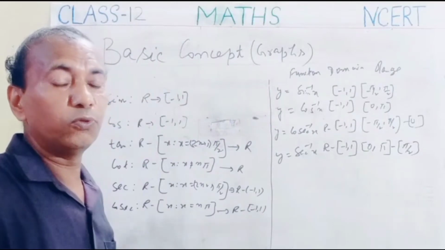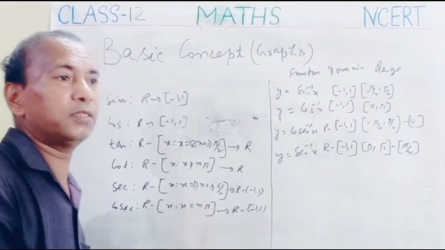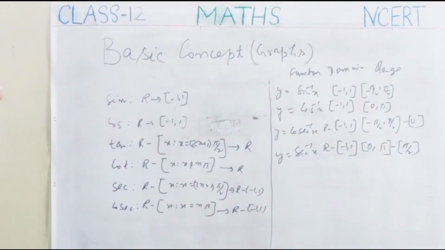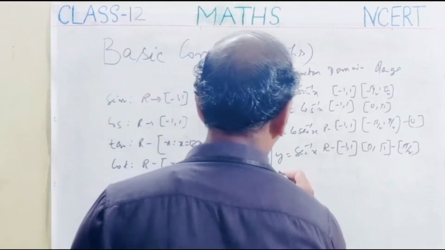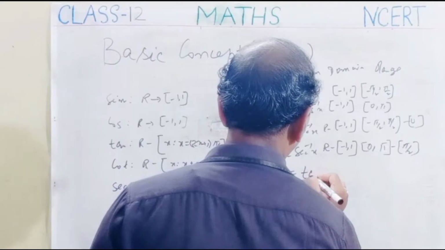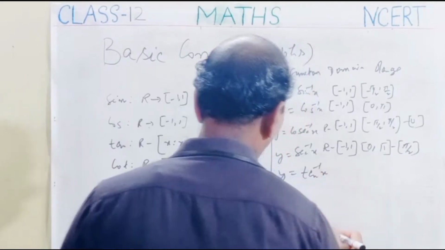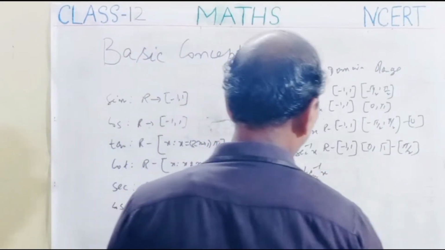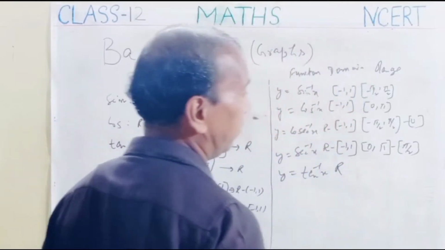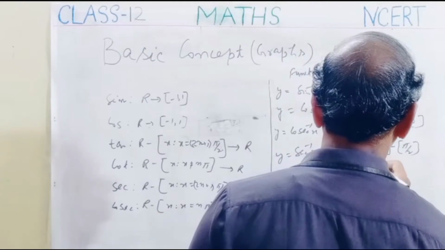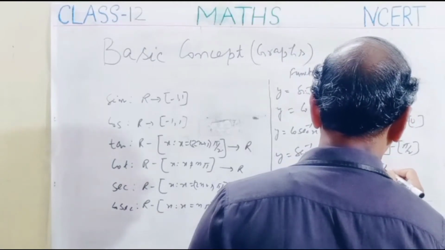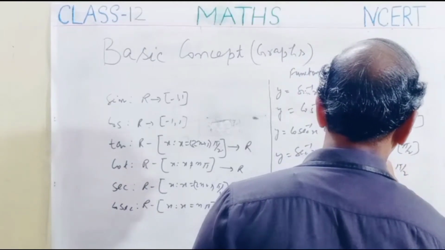Now two more are left, that is tan inverse x and cot inverse x. If y is equal to tan inverse x, its domain will be the real numbers, and the range will be minus pi by 2 and pi by 2.